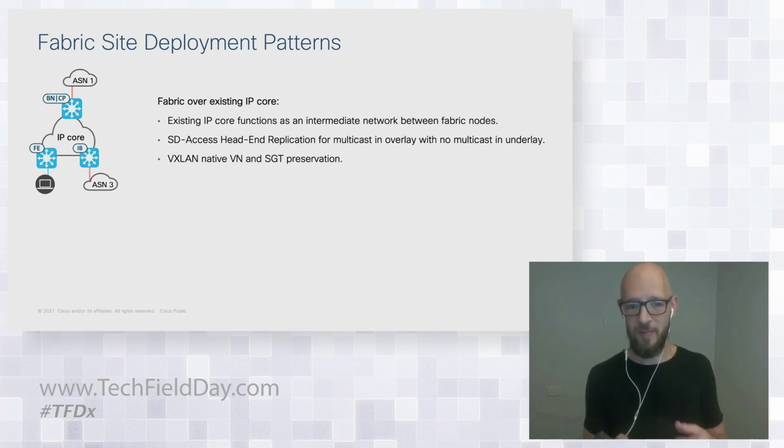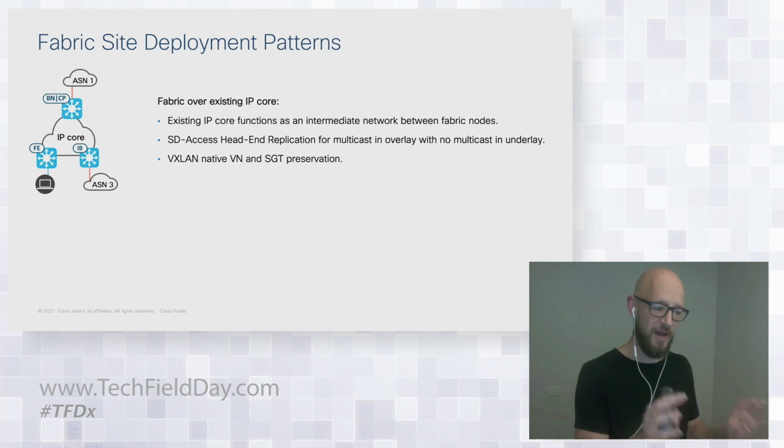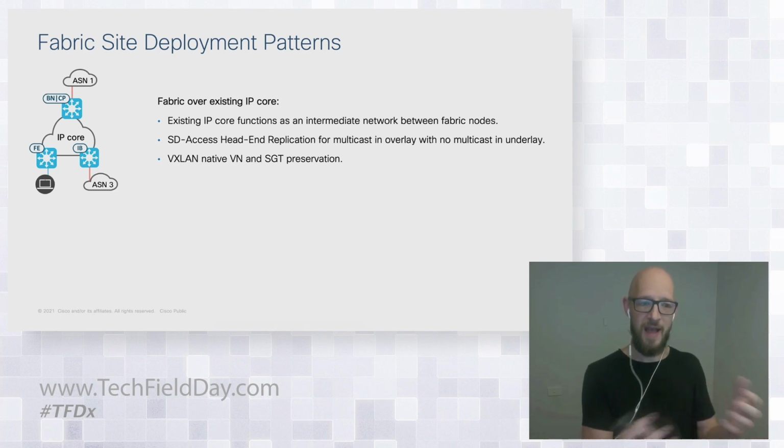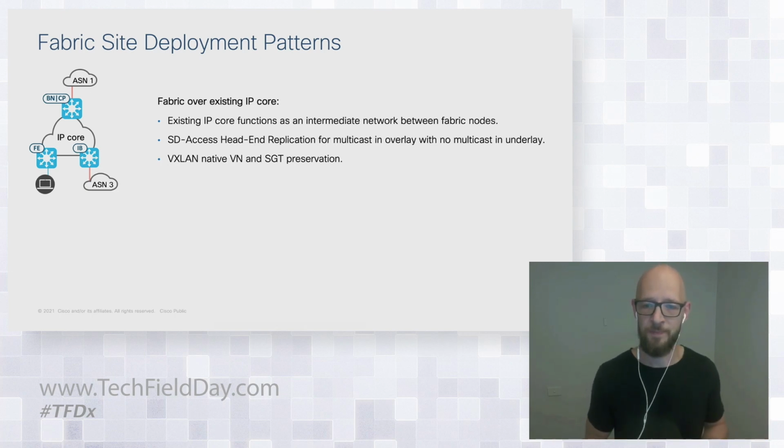So this brings immediately macro segmentation and micro segmentation without having to change the original core. So there's no changes necessary to be MPLS aware or SGT aware because VNs and SGTs are tunneled in a VXLAN overlay over a traditional IP core. So it's an easy way to get started with just a few nodes attached to the edge of an existing network.